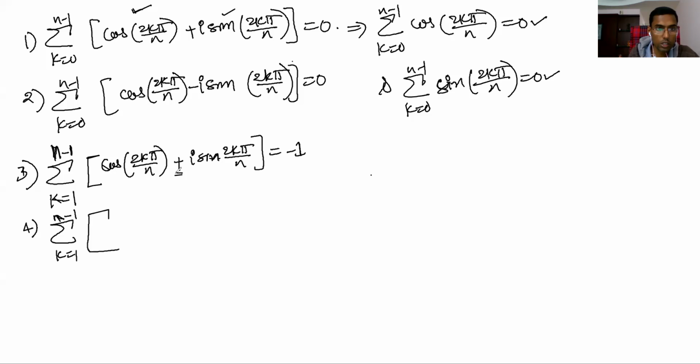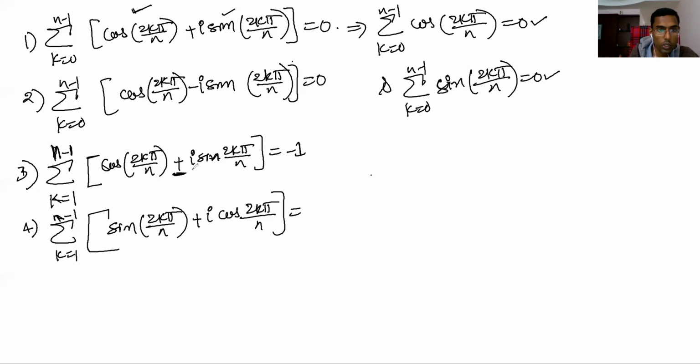So here, whether plus or even minus, it is the same thing, minus 1 only. So here k equal to 1 to n minus 1. Yesterday I discussed 2 points. One is sin 2kπ/n plus i cos 2kπ/n.